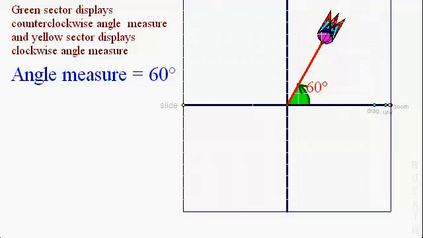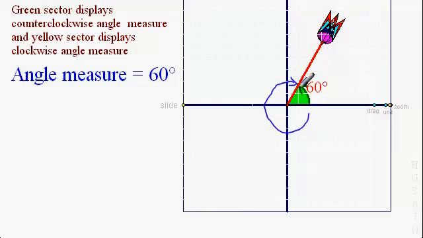Now I would like to know how much the angle is going to be if measured in the negative direction. So I am trying to find the angle when it is measured in this direction, starting from here.